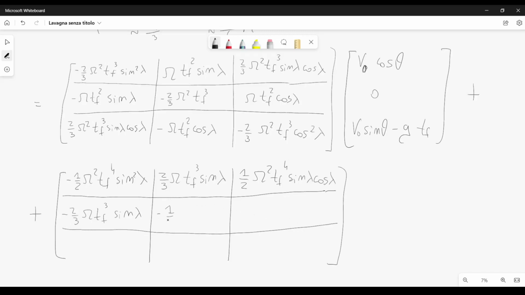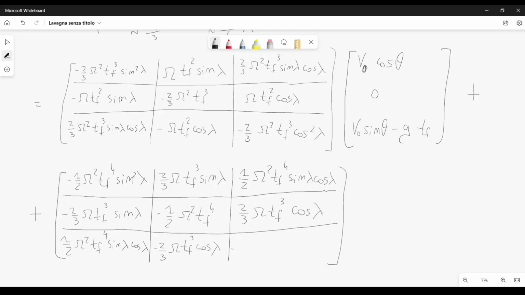Minus 1/2 omega squared TF to the fourth, 2/3 omega TF to the third cosine lambda. And here you have 1/2 omega squared TF to the fourth sine lambda cosine lambda, minus 2/3 omega TF cubed cosine lambda.